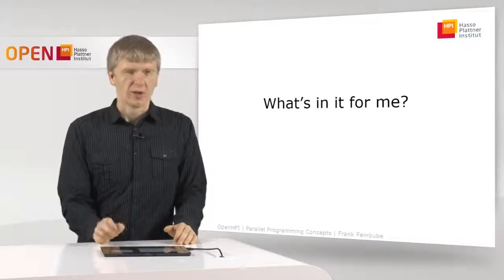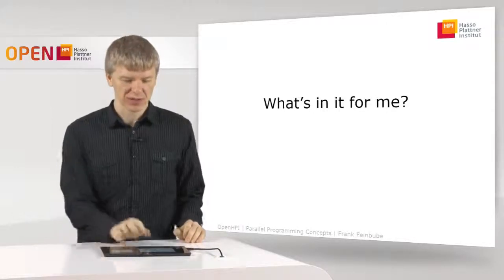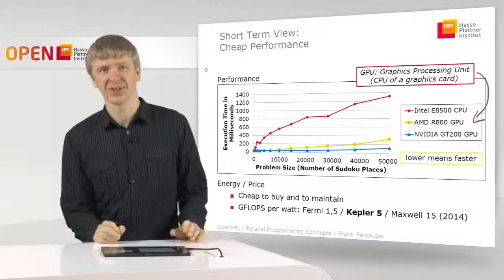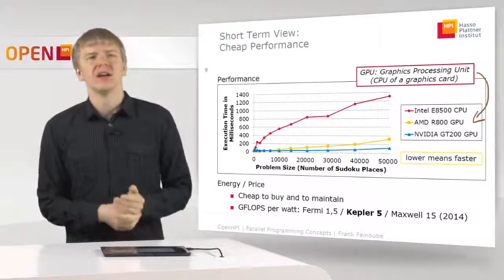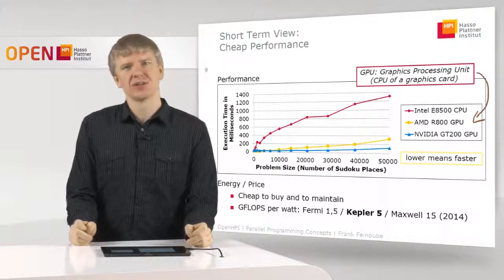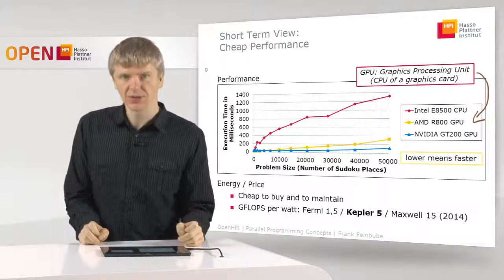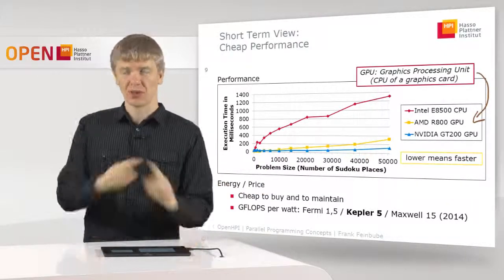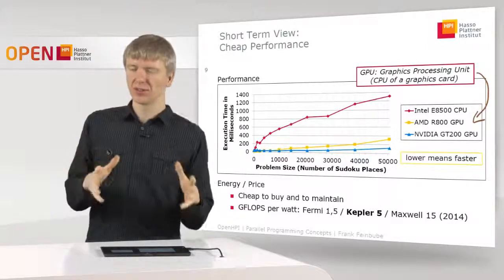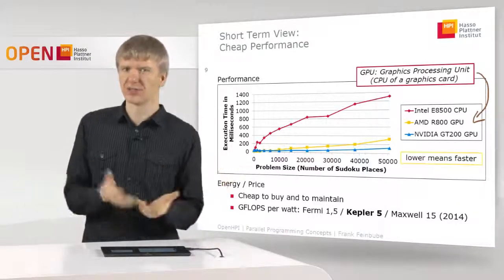So we could ask ourselves, what's in it for me? What do we gain from using accelerators? What we can gain is very good performance. This is one example that we actually built ourselves. It's a Sudoku validator. You have a very large Sudoku field, for example, 50,000 means 50,000 times 50,000 fields. And you get such a big Sudoku field, and then you just look at if it's correct or if it's not correct.